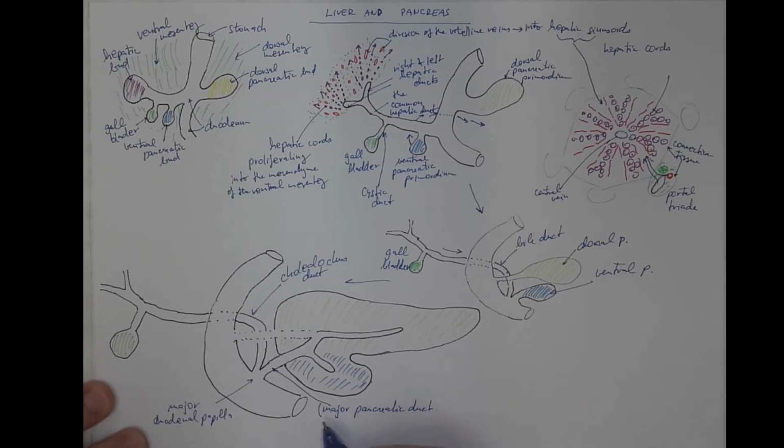Actually, when there is only one duct, it doesn't make sense to call it major. It's normally, in most cases, just one pancreatic duct. It's also called duct of Wirsung.